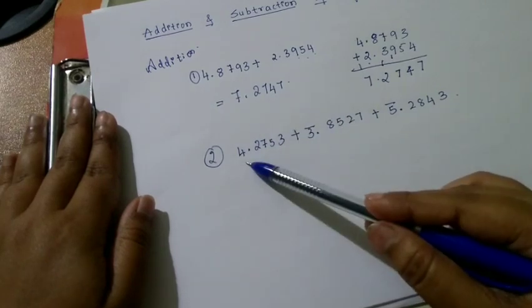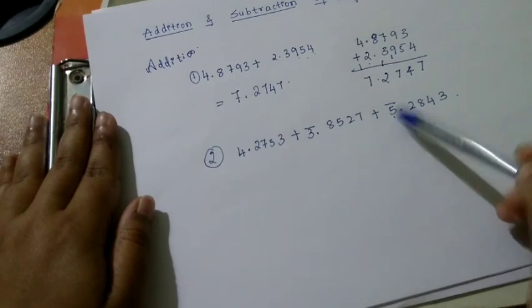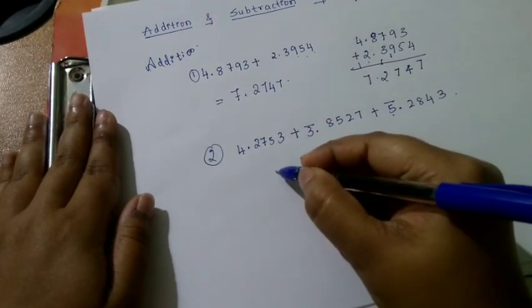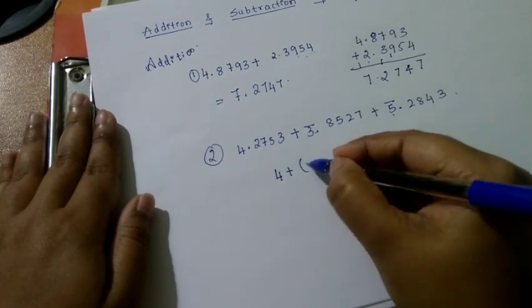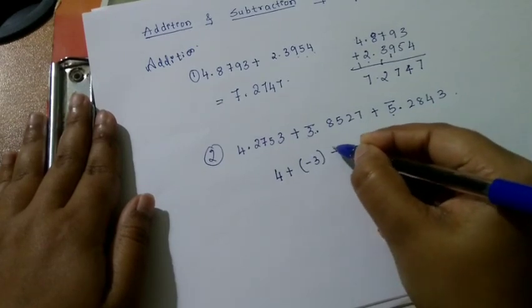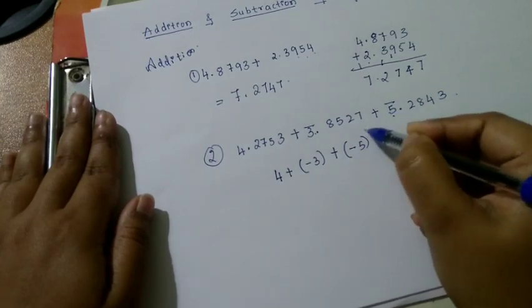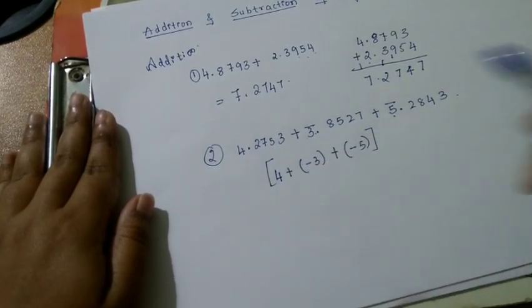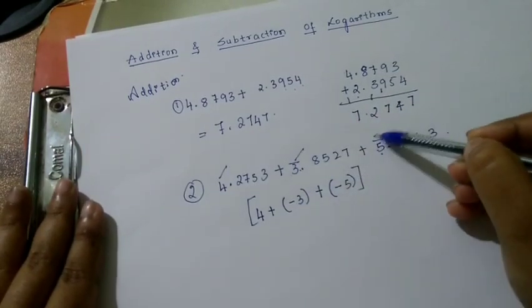What you have to do is take the characteristic parts on one side. What are the characteristic parts? 4, plus minus 3, plus again minus 5. Keep the characteristic parts on one side: 4, minus 3, minus 5.